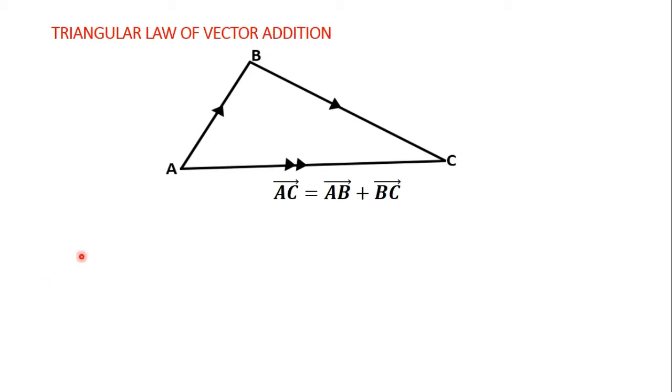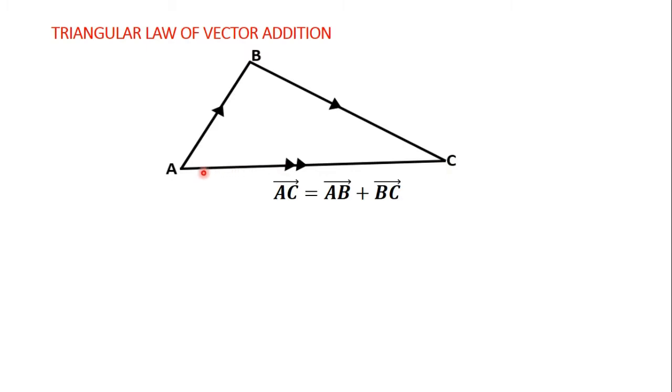If we have these 3 points, points A, B, and C, and we join point A to point B such that we get the vector AB, we join point B to point C such that we get the vector BC, and we join point A to point C such that we get the vector AC.